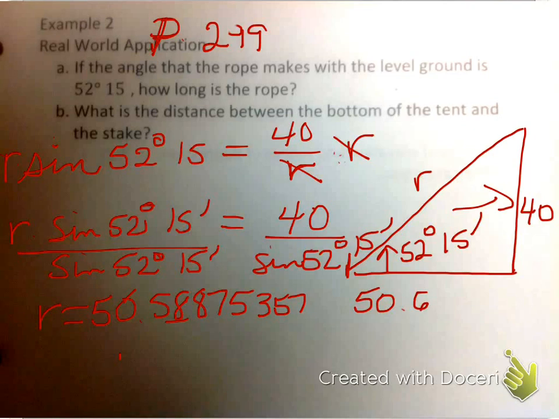And notice this problem's in feet because this tent was 40 feet tall. So it's 50.6 feet is how long the rope is.